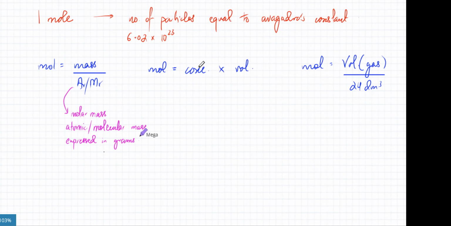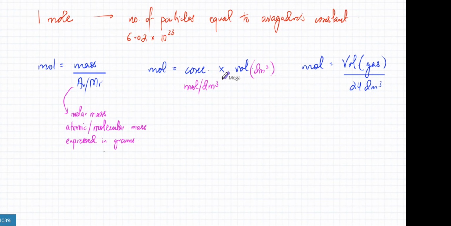This one is for solutions only. You can use it for gases as well. The volume is going to be in dm cube, and concentration is going to be mole per dm cube. Sometimes the concentration is also given in grams per dm cube, but those grams can be converted to moles by using the previous formula.